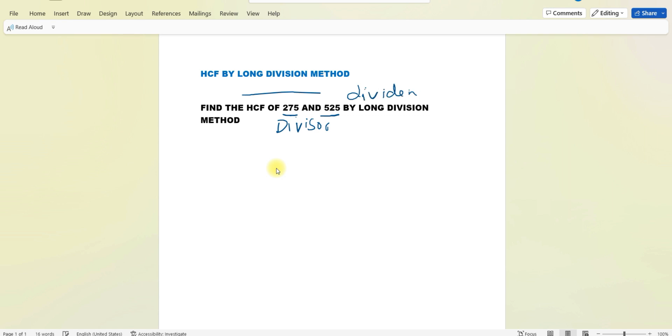How do we find it? You write the dividend, that is 525, and you divide it by the divisor, that is 275. So it goes one time, that is 275 one times would be 275.